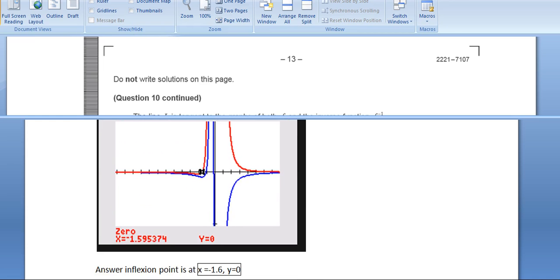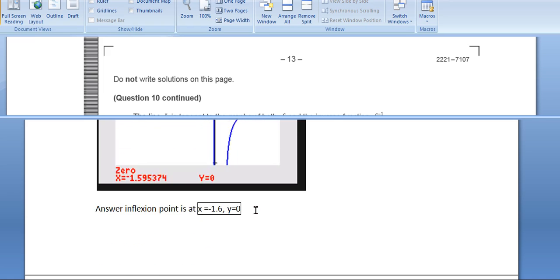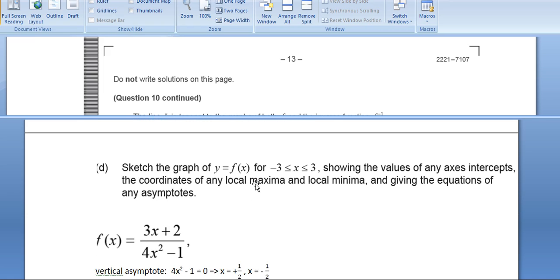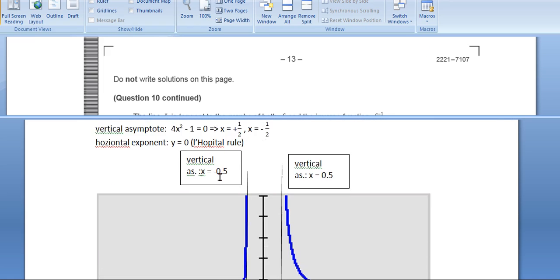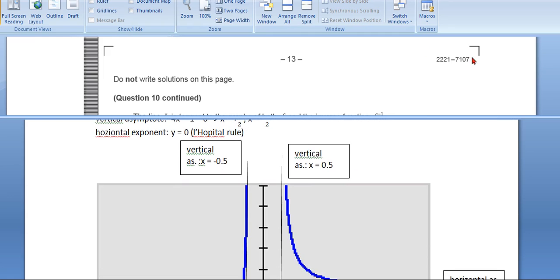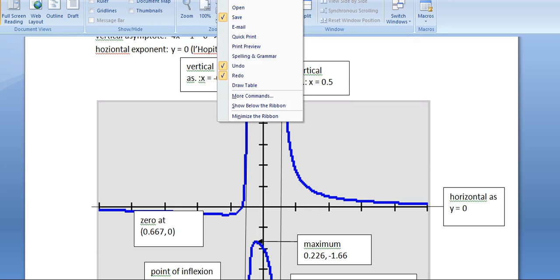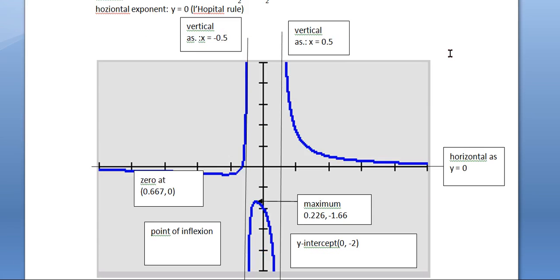So point is 1.6, y equals 0. Sketch the graph of fx showing all details. Okay, let's take off anything extra. So here my work.